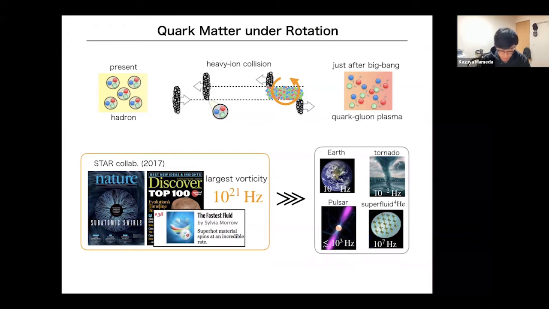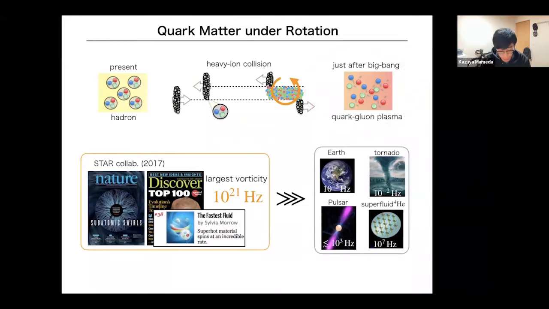So now we can create an extreme environment like the age just after the Big Bang. In this stage, in our universe, we have the hot matter, so-called quark-gluon plasma.